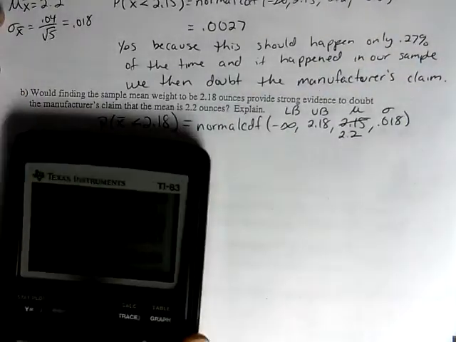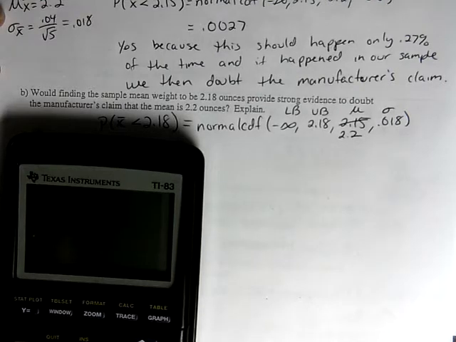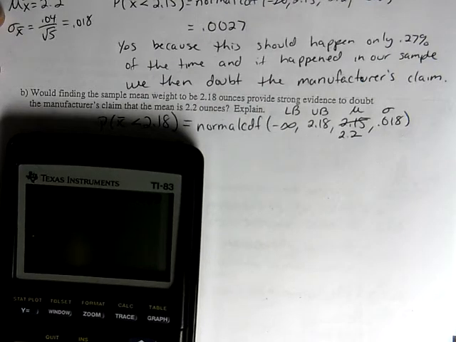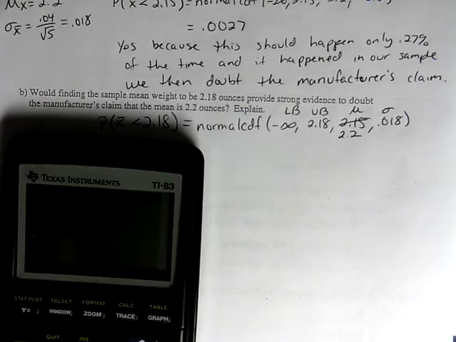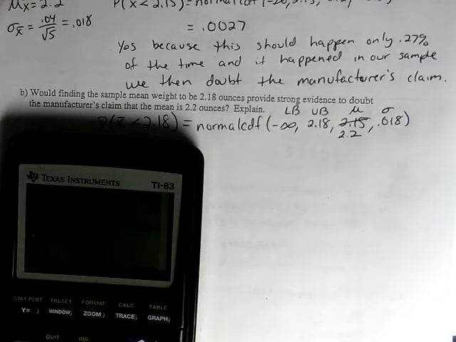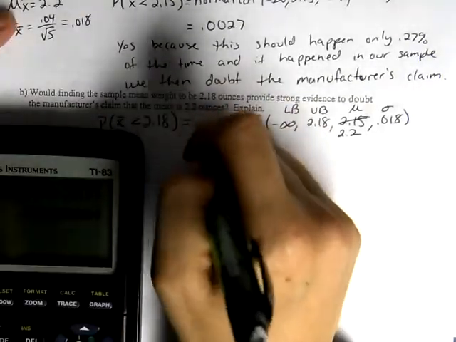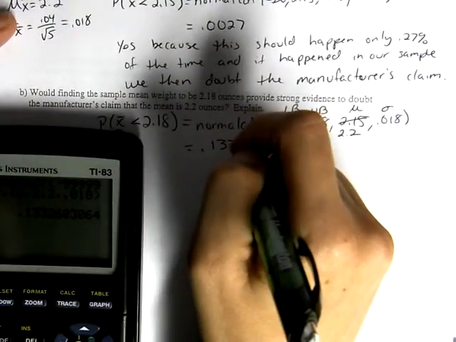That should be 2.2. Let's try that again. I'm like, wow, that's a high probability. 2.18, 2.2. Oh, I had used the last one. There we go. So I get 0.1333.